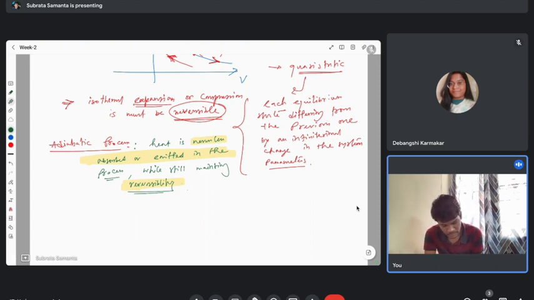One more thing is that reversibility requires the absence of friction or dissipation.